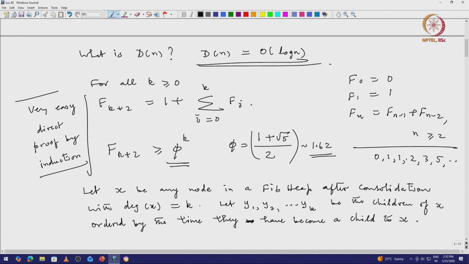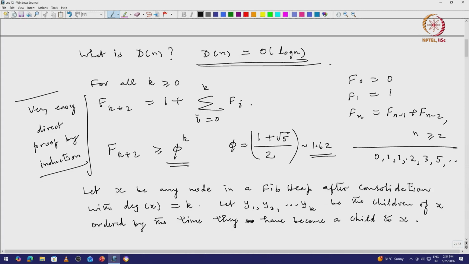So currently x has y1 to yk as children. y1 is the first to become the child. y2 is the next to become the child, later than y1. y3 became a child later than these two.